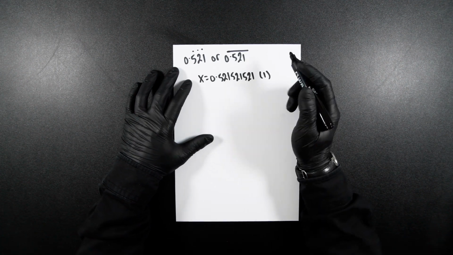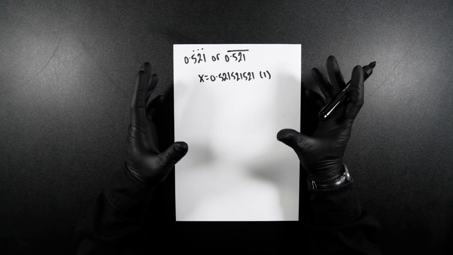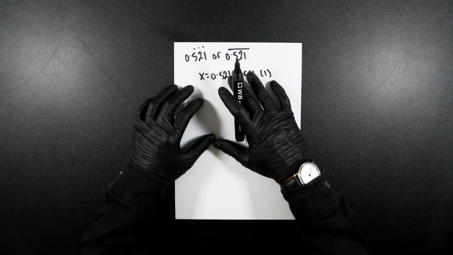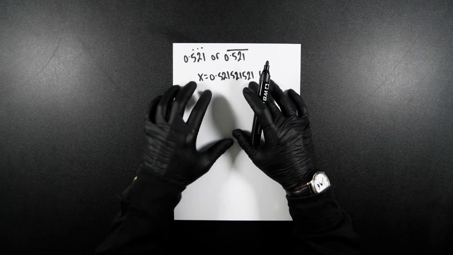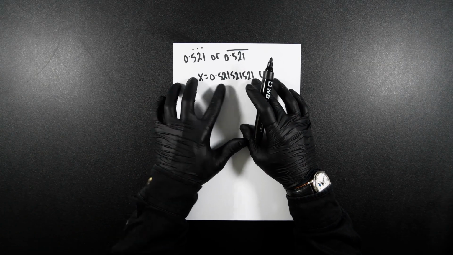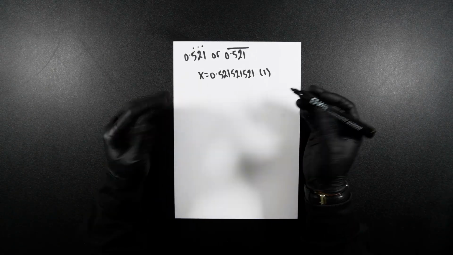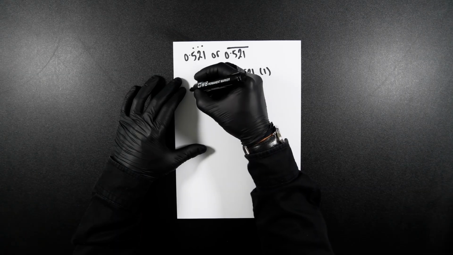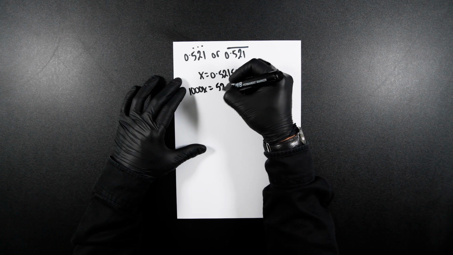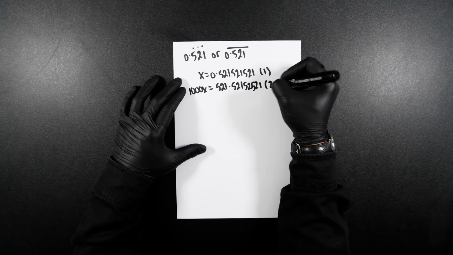But now what we want to do, if you saw what the trick was, is we're trying to bunch all the recurring numbers so that when we subtract them, they all disappear, they all vanish. And that is the trick for this, is by going, what do I need to times this by for it to basically have 521 all on the left-hand side and then a recurring 521? It'd be 1,000. So let me times this left-hand side by 1,000. I'd get 1,000x. And the right-hand side would be 521.521521521.